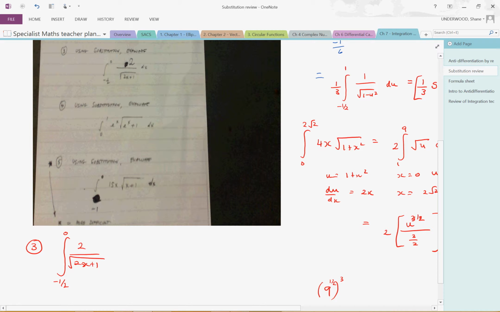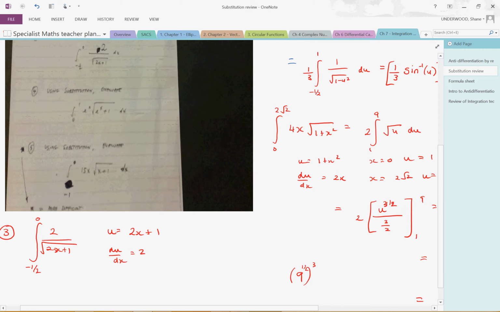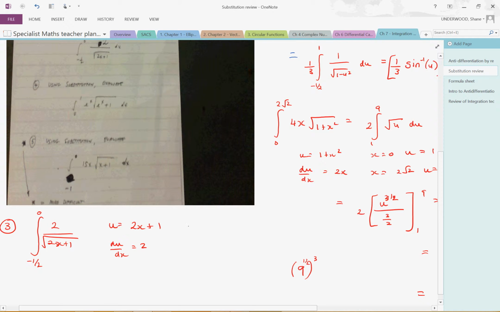Right, so number 3, we've got a u substitution of 2x plus 1 or 2x? What did you use? 2x plus 1. Because du dx is equal to 2, that makes that nice and easy. And when x equals negative a half, u is equal to 0, is that correct? And when x is equal to 0, u is equal to 1.